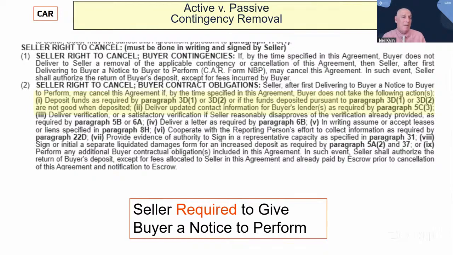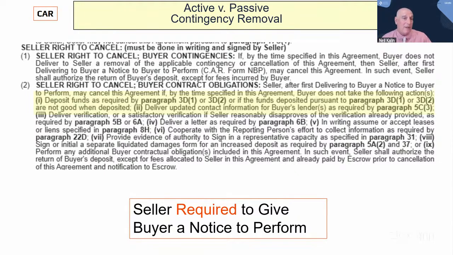As our members kept discussing this issue, we realized that passive was creating difficulties in transactions, because parties would have continued negotiations and may have slipped by the time period for something to be done, thinking that as long as they were actively negotiating, that time would just automatically extend. Well, that's not the case with the passive removal. When the time lapses, that determines what happens with your contingency or maybe another contractual action.